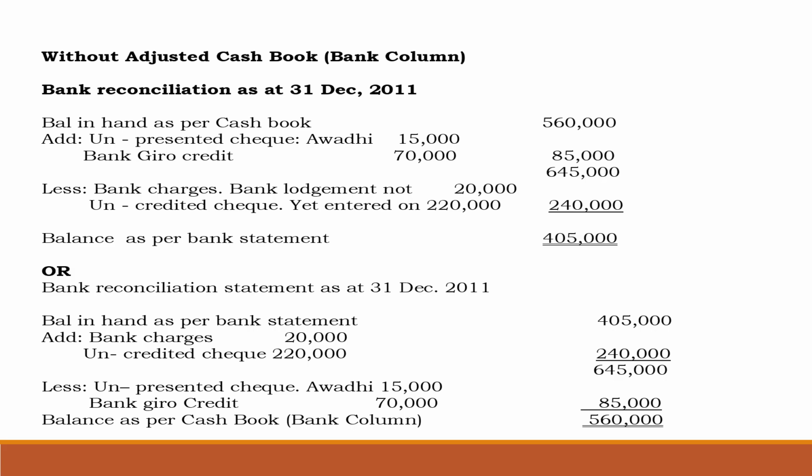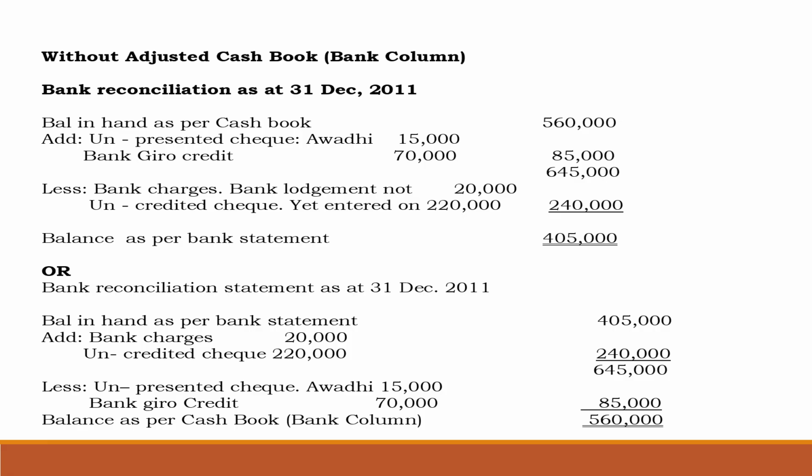If we start with the balance as per bank statement, the items added above are to be deducted, and those deducted have to be added. So the balance as per bank statement is 405,000. We add the bank charge 20,000 and the uncredited check 220, to get 240.